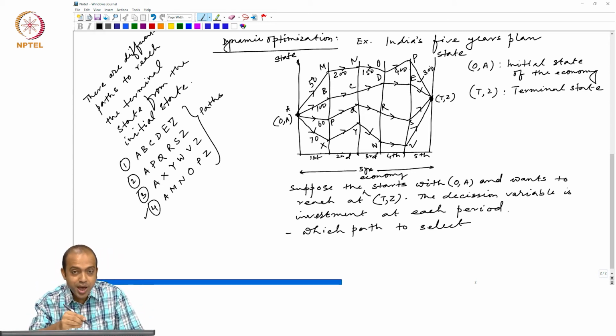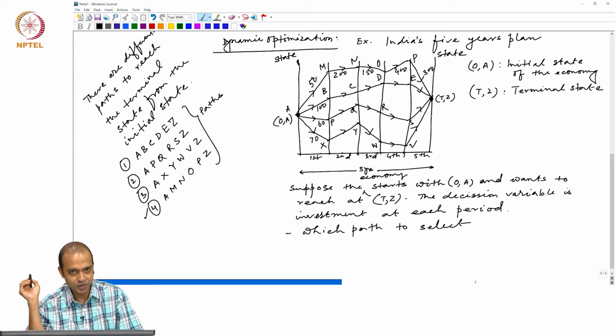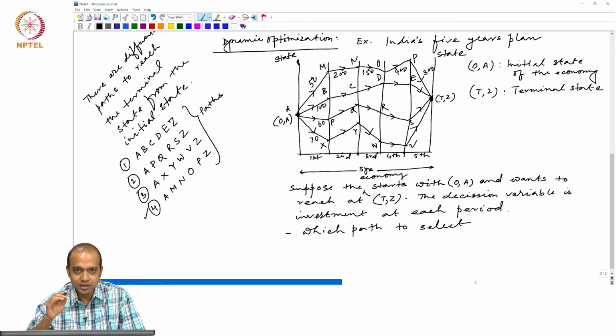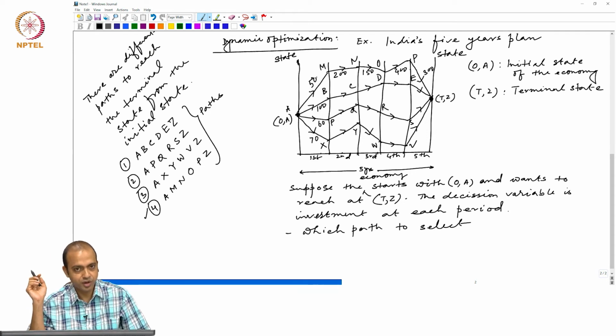So, when you add the total cost of travelling from A to Z, that is the highest, even though initially it involved 50 rupees. So, the economy, the social planner, is having a broader vision rather than a myopic vision.